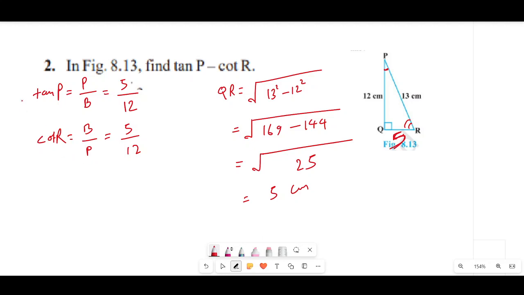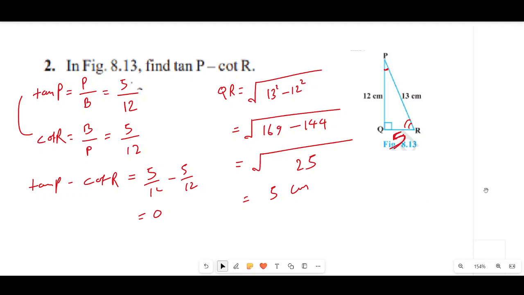So if you subtract, tan P minus cot R, what will you get? You will get 0, because both are the same number. That is our answer.